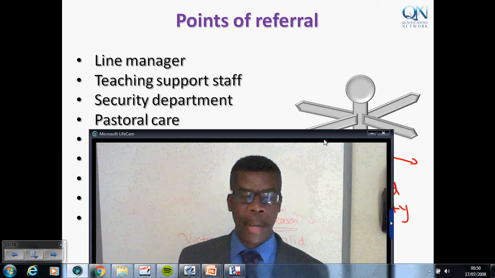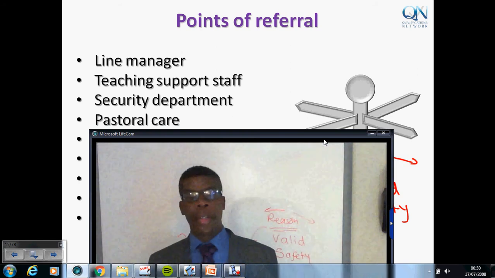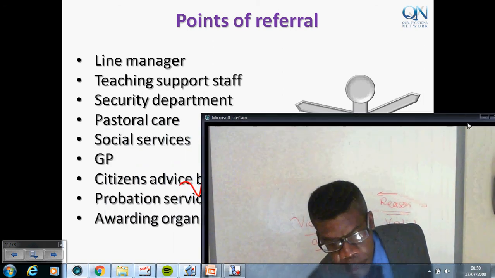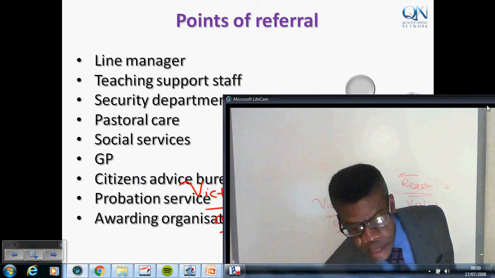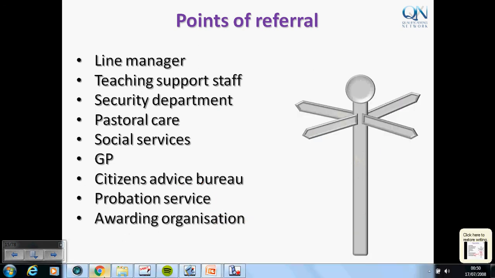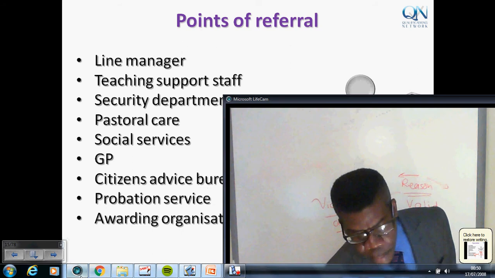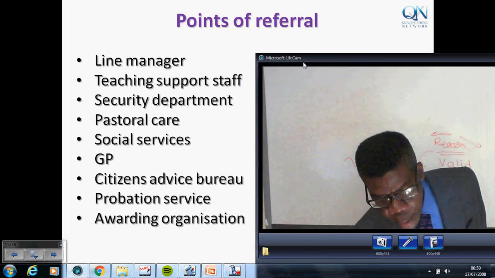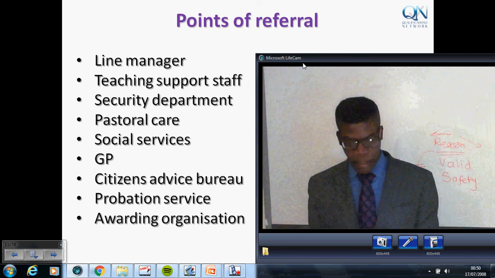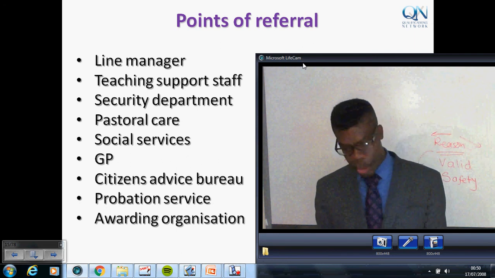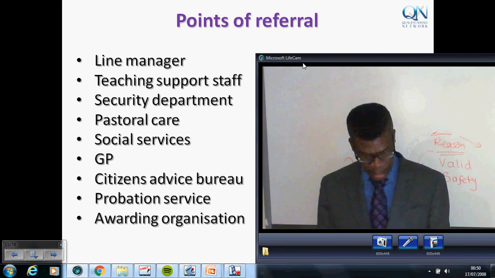If you look at the handout which I've prepared for you, and I'd like you to get used to using the handouts, you discover the role in this case of the pastoral carer. I just want you to make sure that you've got all the materials that you need.